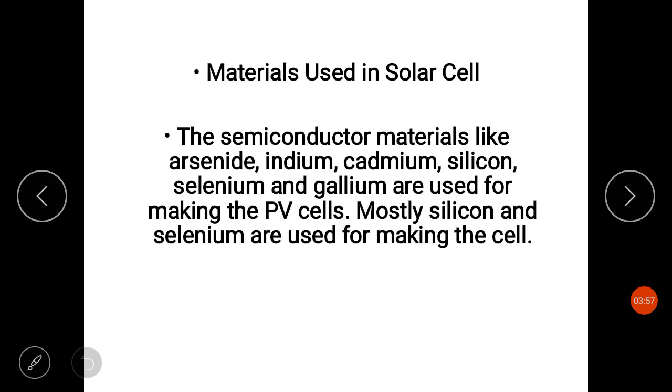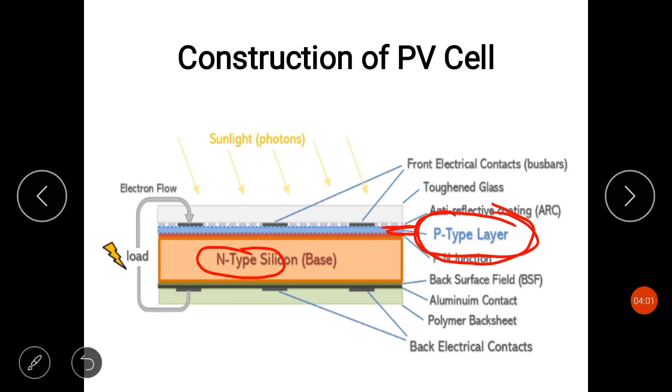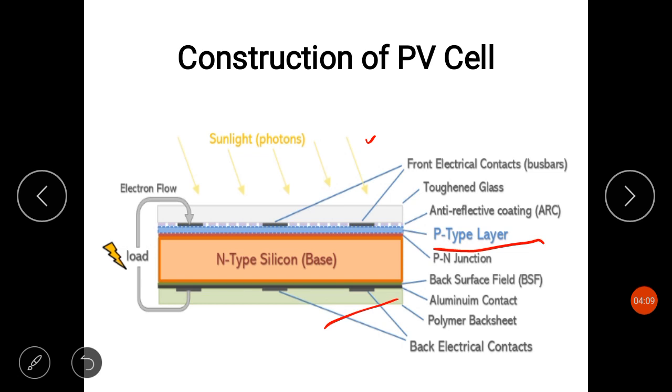Moving ahead to the working principle of the photovoltaic cell, what happens? This is the p-type semiconductor, this is the n-type semiconductor, and the light, the solar radiation, is falling on this photovoltaic cell.